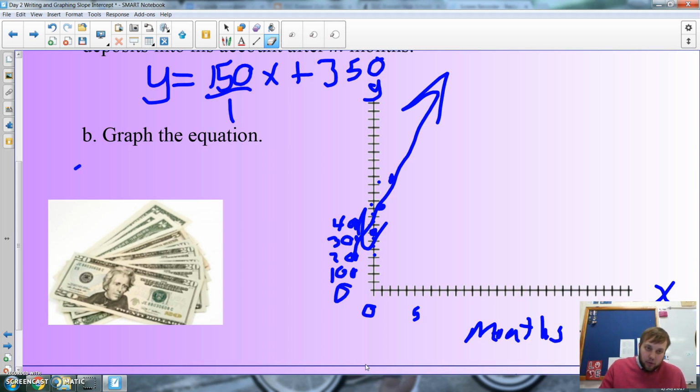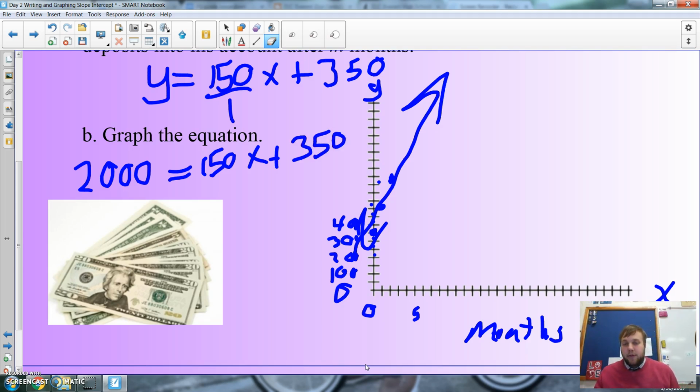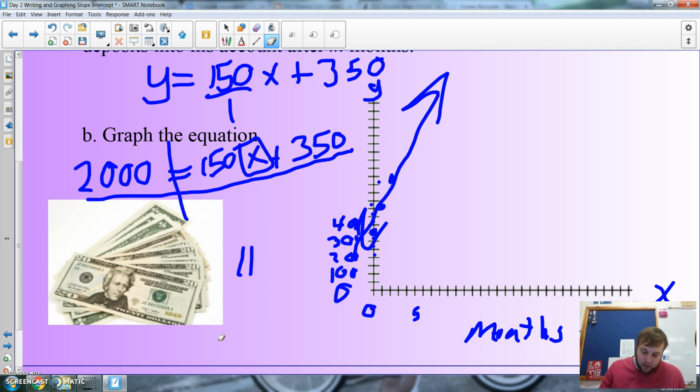So I'm going to go 2,000 equals 150x plus 350. Now you need to do algebra on this, and you should get an answer. After you solve for x, you get x all by itself, right guys? The answer is 11. 11 months.